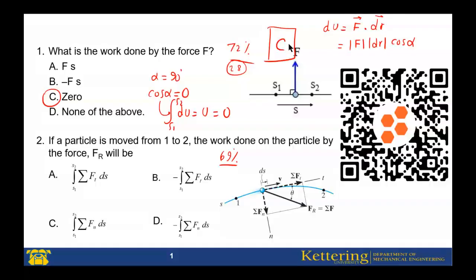For the second question, a particle moves from point 1 to point 2, and the work is done on the particle by the force Fr, where Fr is the resultant force. As you can see here, we found the component of this force along the tangential and normal directions.